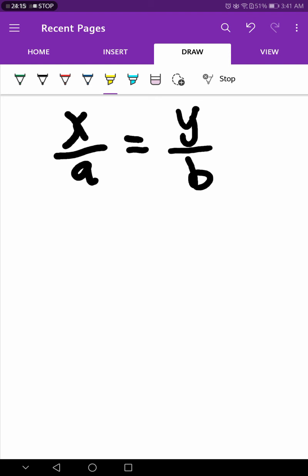No, it is 1 over A, because there is a hidden 1 here. So 1 over A is the coefficient. So we divide both sides by 1 over A.